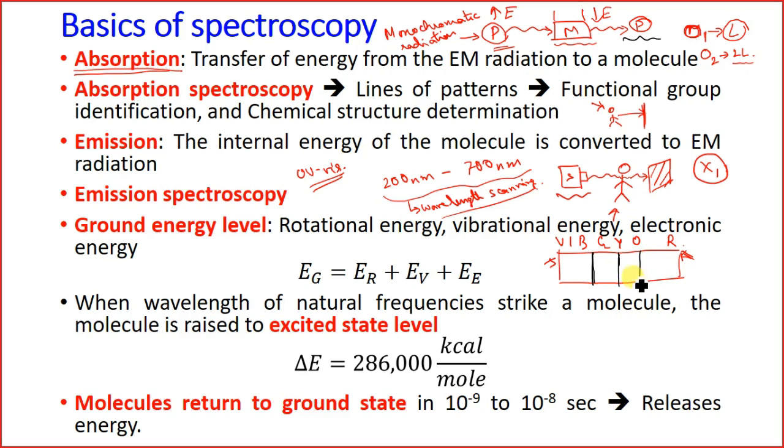Now why are these dark lines there? These dark lines mean there is no photon getting out of the matter. That means these photons are getting absorbed within the system.